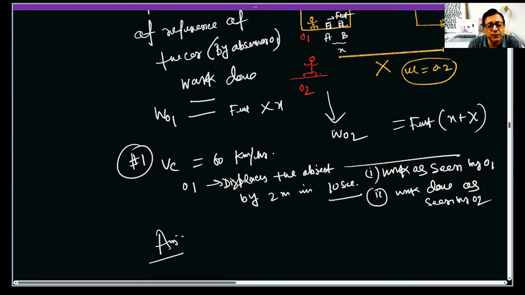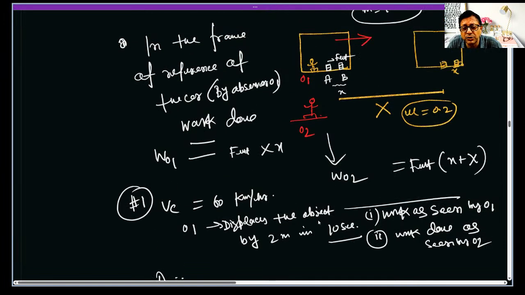So just account for the work done against the force of friction by the external agent. Okay, the displacement of the load is given as 2 meters in 10 seconds.